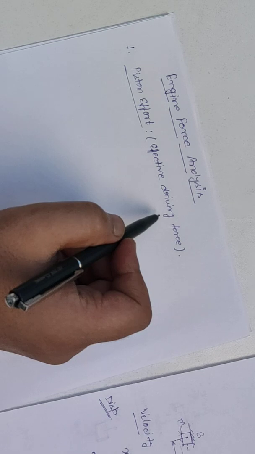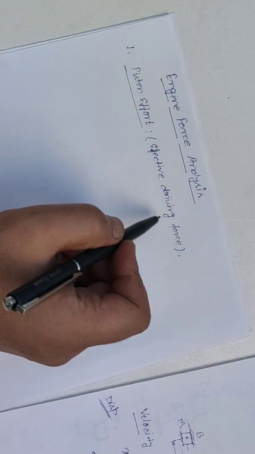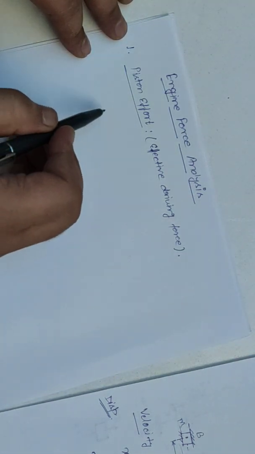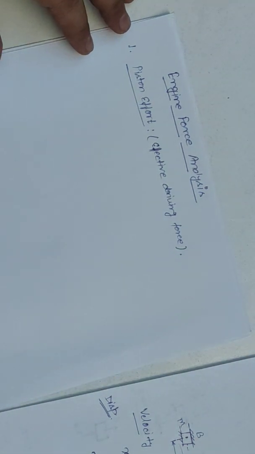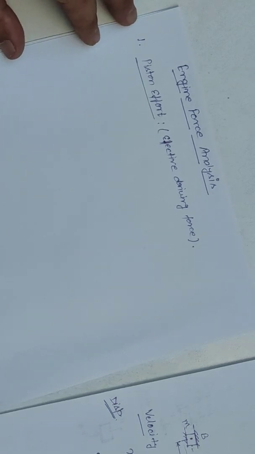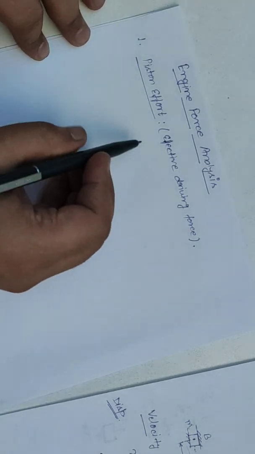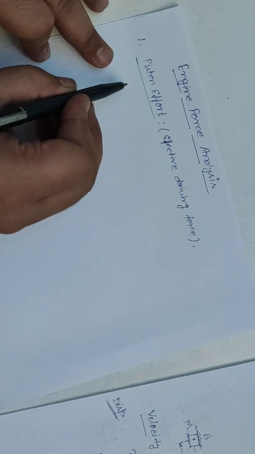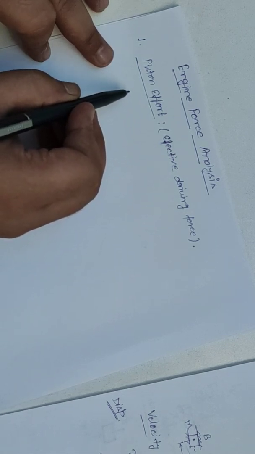First, the forces coming from the combustion gases. That force is due to gas pressure. So the first term we are going to consider is the force due to gas pressure.